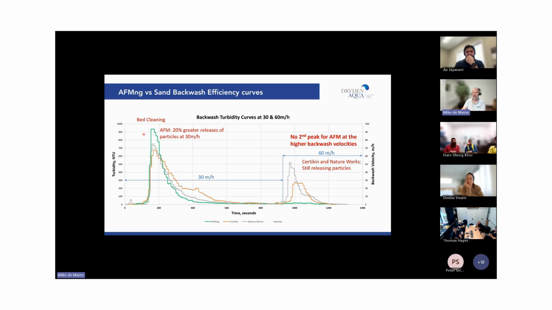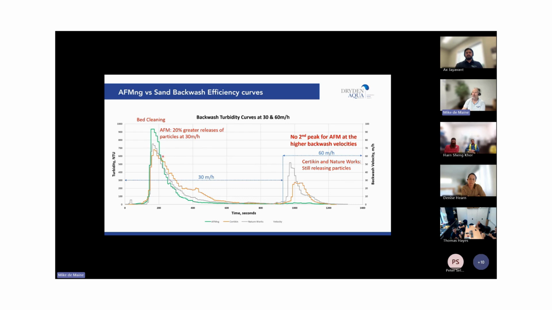This is against other glass medias. You can see the brand new glass medias were better at releasing dirt. This is 30 meters per hour. Unfortunately, our meter at this point doesn't peter out, but the max was 950. We now have a 2000 NTU turbidity meter, so it shows way bigger spikes.